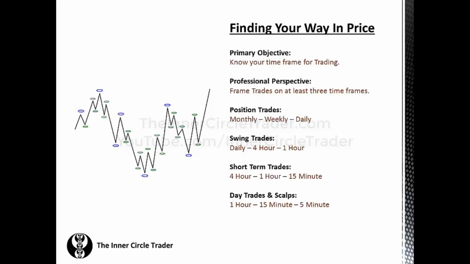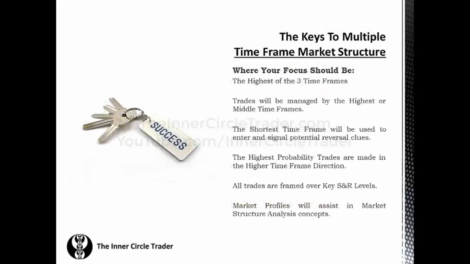Okay, so let's take a closer look at price action and market structure. Now, the keys to multiple time frame market structure are rather simple. Where's your focus? Your focus should be on the highest of the 3 time frames. Trades will be managed by the highest or mid time frames.